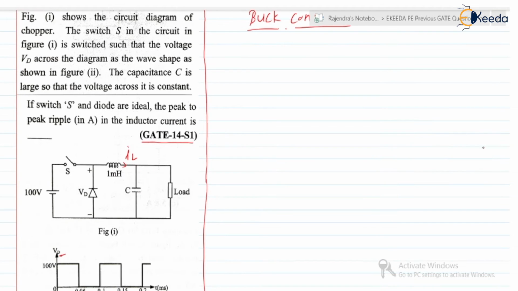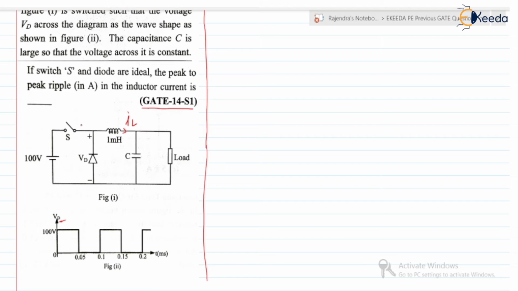If you check the circuit for the buck converter, when the switch is in the on state, the inductor stores the energy and Vd will be equal to 100 volt. Here Vd is 100 volt and it is showing the time of 0.05 millisecond. So can we say that this time indicates the on time of the switch?